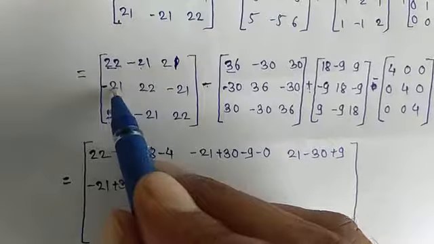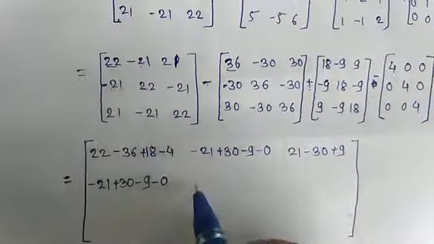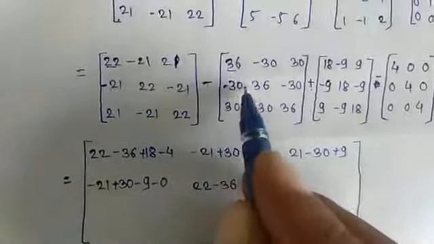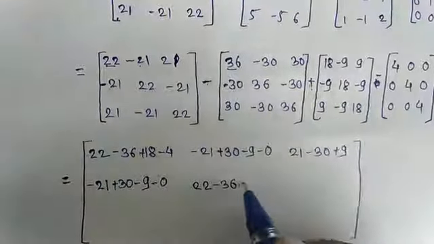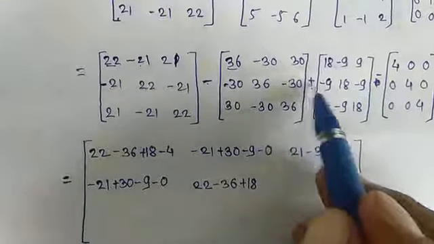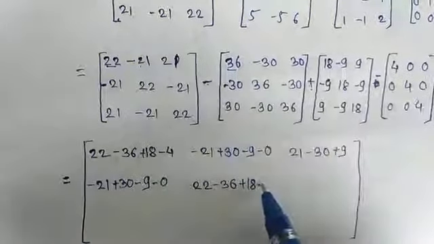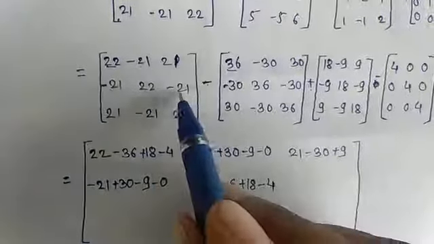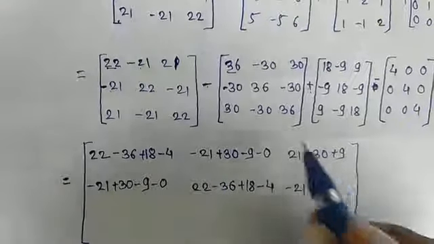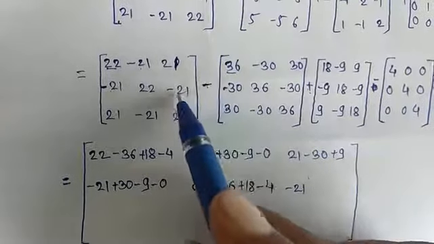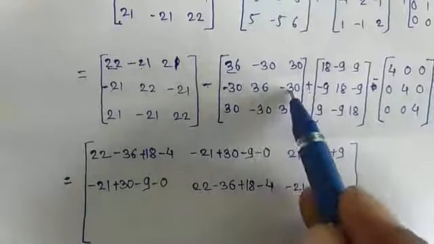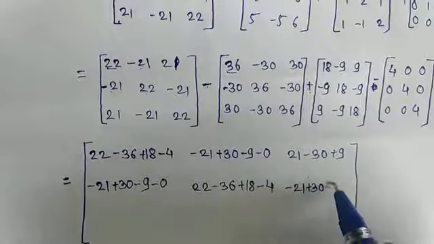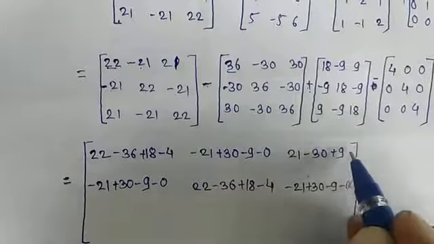Next, 22 minus 36, here it is plus 18 minus 4. Now last, here it is minus 21, next it is minus 21 minus plus 30, and it is plus minus 9, and here it is 0 minus 0, here also it is minus 0.